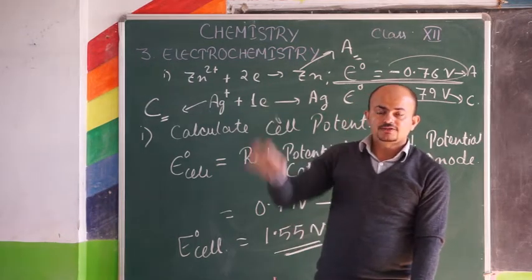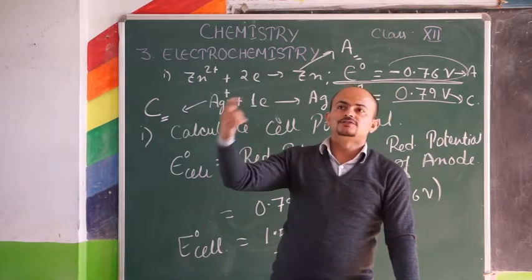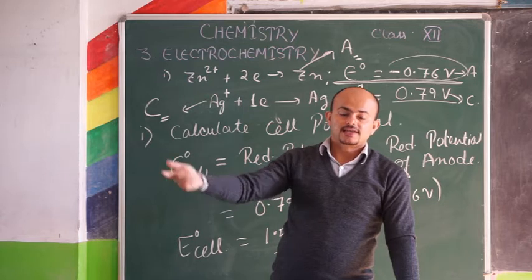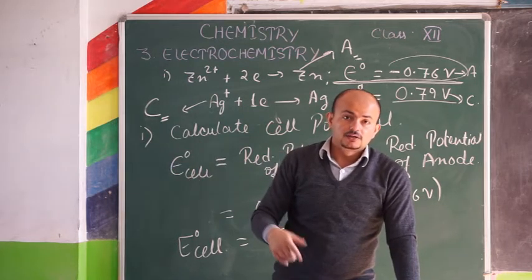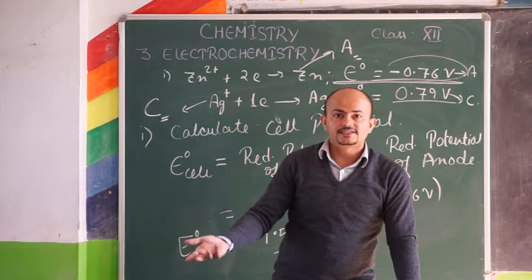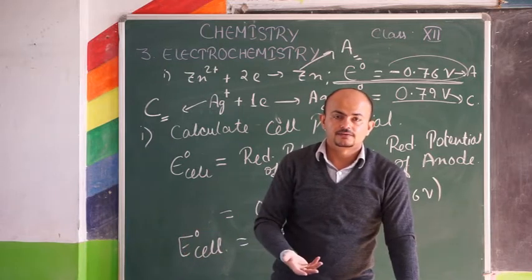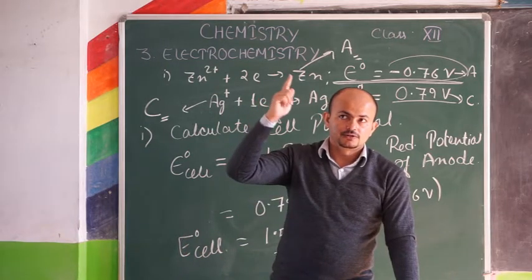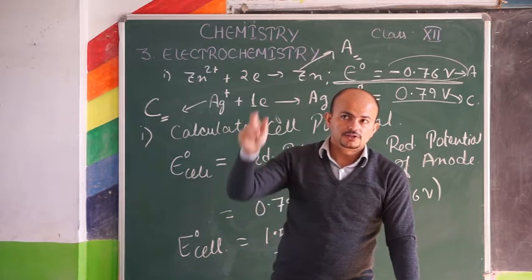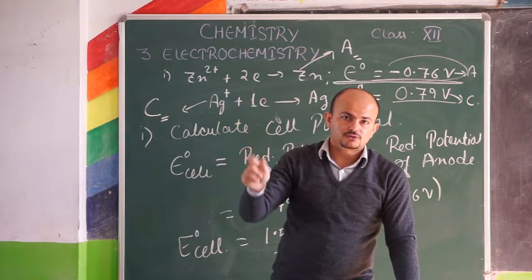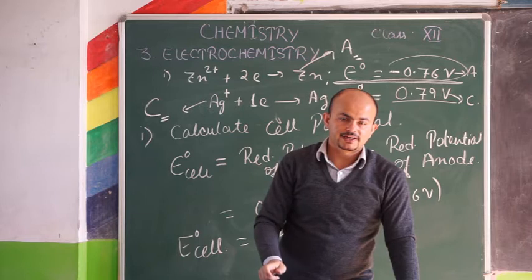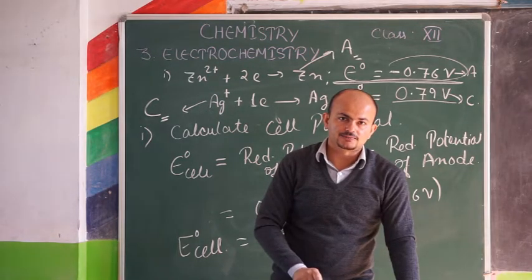And from the electrochemical series, you will be able to tell which one is a stronger oxidizing agent and which one is a weaker reducing agent. As I told you, as you go from top to bottom, the value keeps on decreasing, 0, then it becomes more negative, with the least values at the bottom.